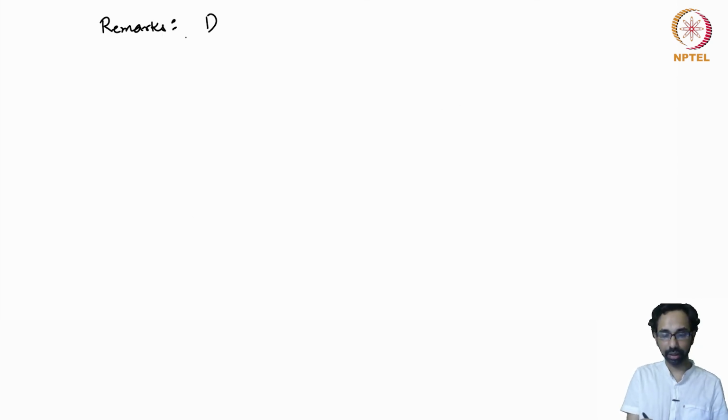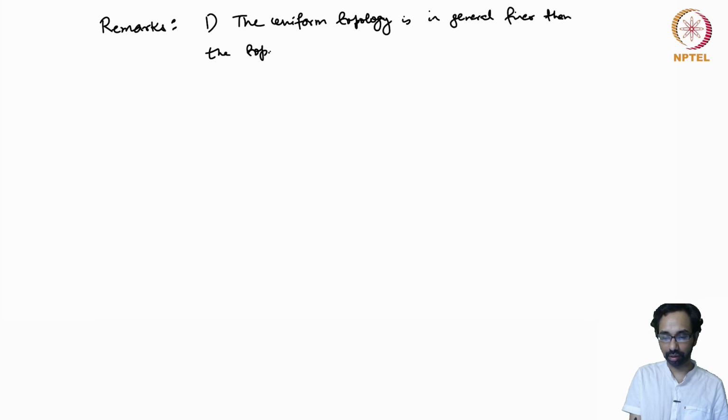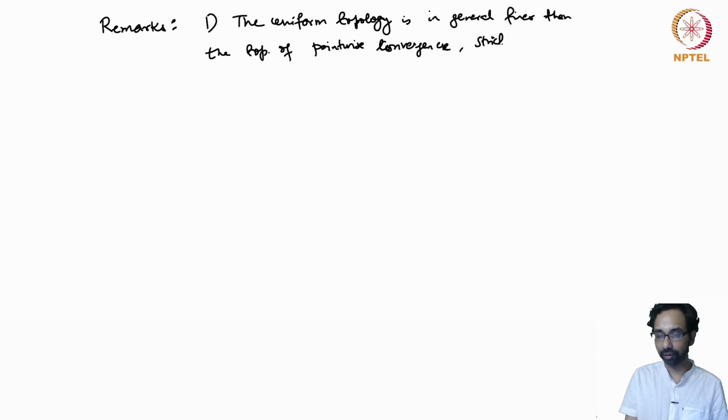So the first remark that I want to make is that the uniform topology is in general finer than the topology of pointwise convergence, and strictly finer when X is infinite.